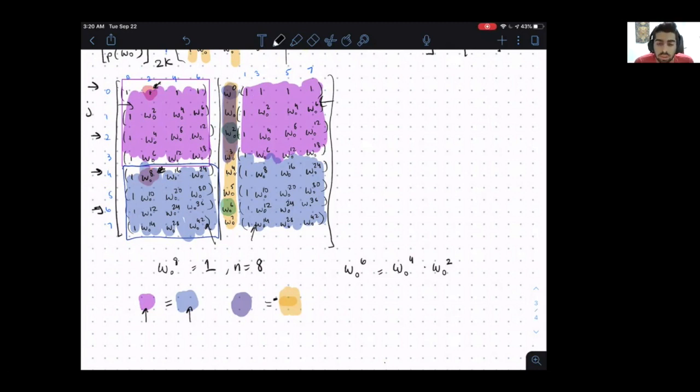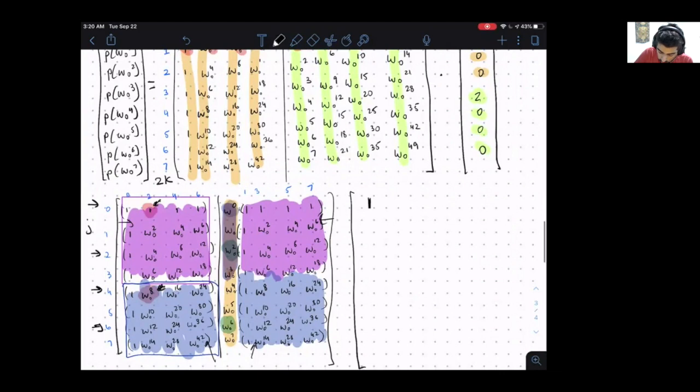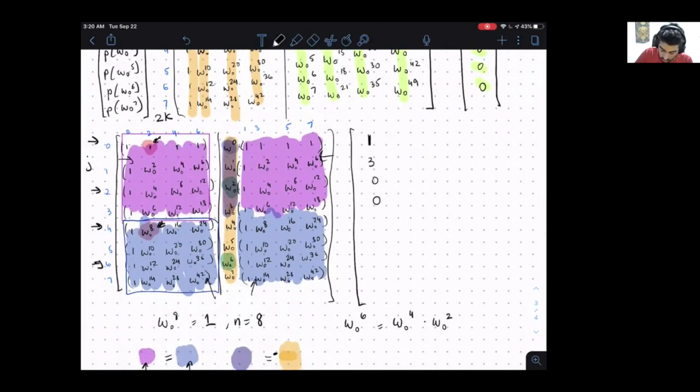Okay, so now let's think of how we can use this repetition in the definition of the matrix to make our lives a lot easier. Again, remember that we want to compute the result of this product. So we have 1, 3, 0, 0, which are the even terms of the coefficients, and 2, 0, 0, 0, which are the odd terms.